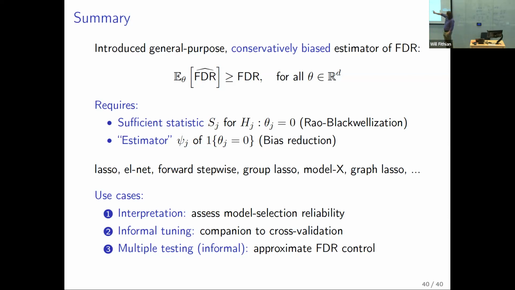To show that this expectation is larger than the FDR, we just need existence. Now you might say, wait a second, you could just use the sufficient statistic for the full model. And that's true.